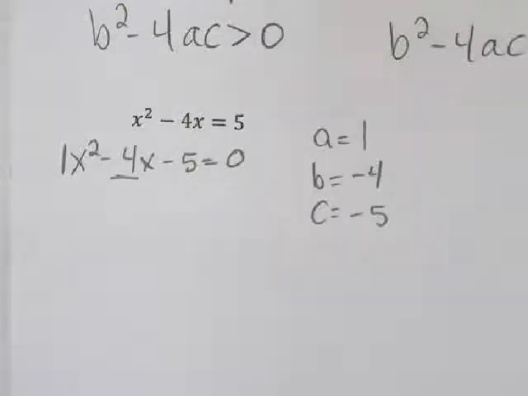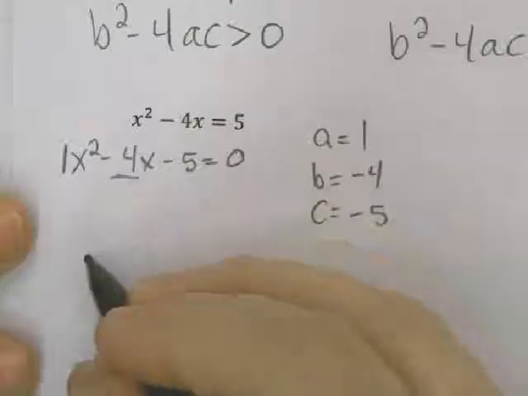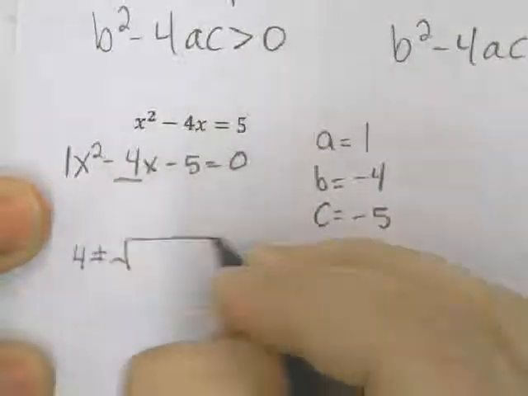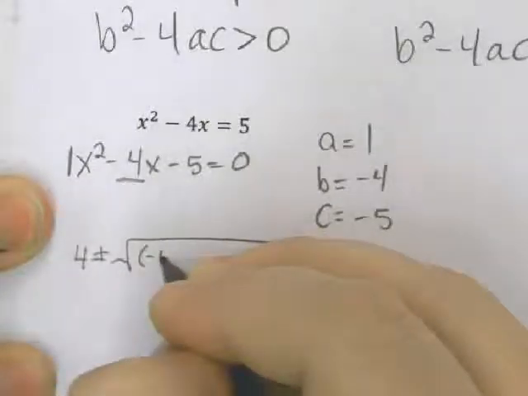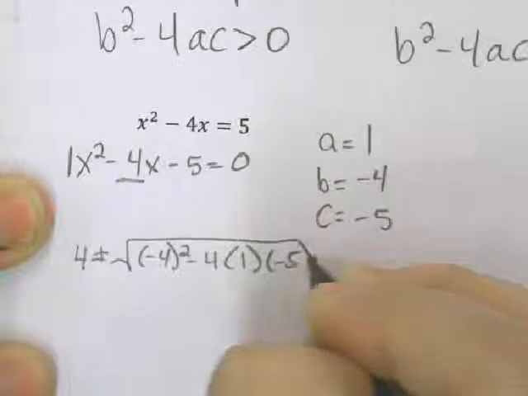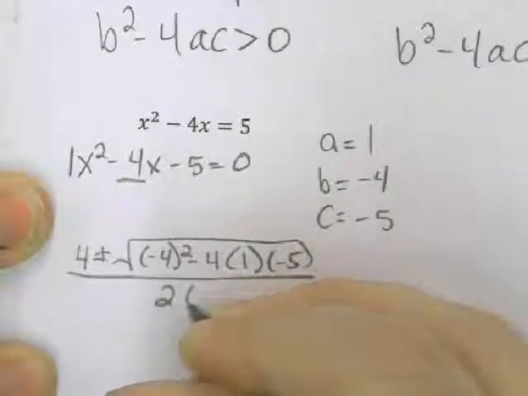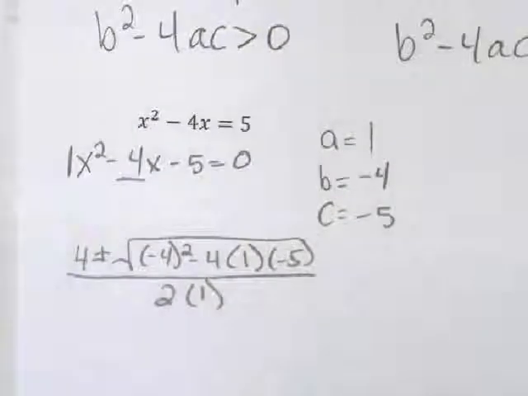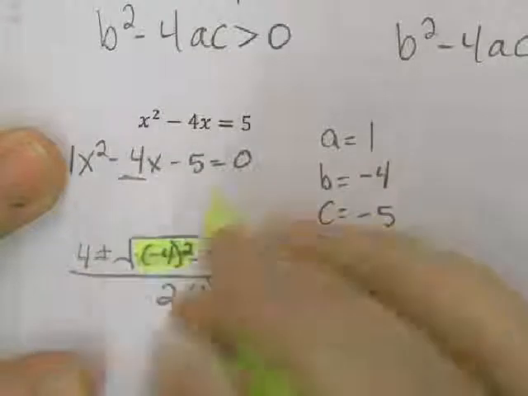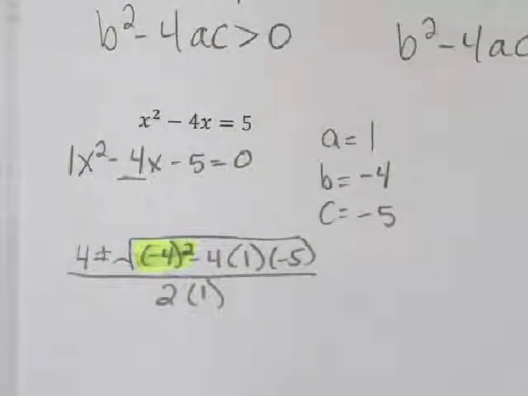If you're not using a calculator, that's awesome, but if you are, you need to make sure you plug it in with parentheses. So it should be -4 squared minus 4 times 1 times -5. And so I got 36. So I get 4 plus or minus the square root of 36 over 2, because 2 times 1 is 2.